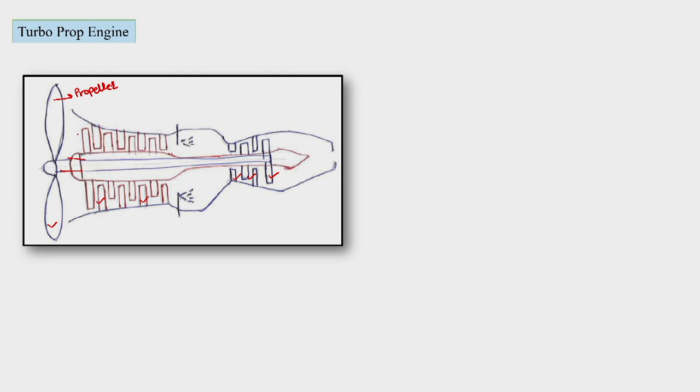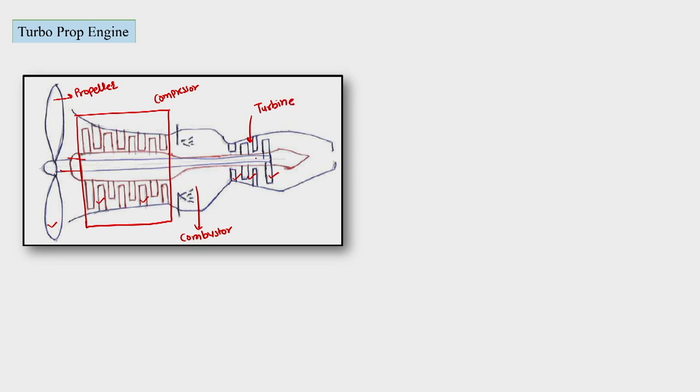So here we are having propeller, and then this unit is the compressor, and then this is combustor, and then this is turbine.